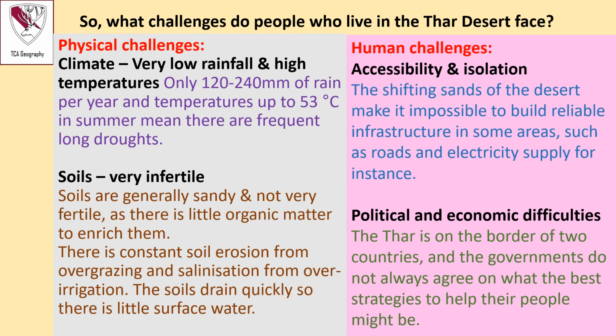But if you were to describe or explain those challenges, then you would need to have some detail, and the detail is what I've put there. You don't need to copy this down, but what I would like you to do is to pause for a moment and read this to yourselves, paying attention to the detail that's in there.